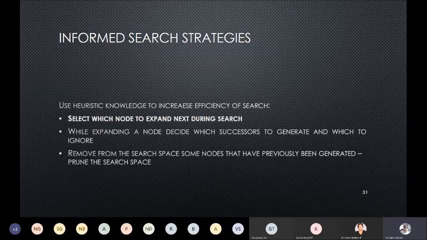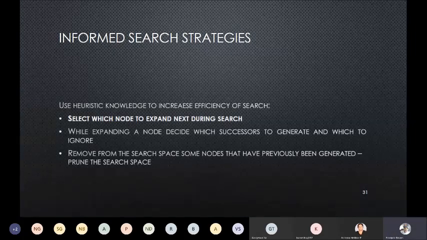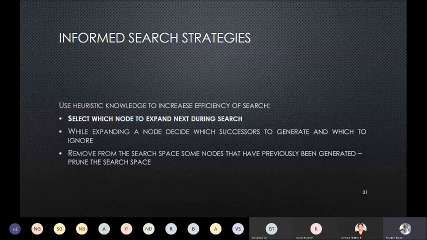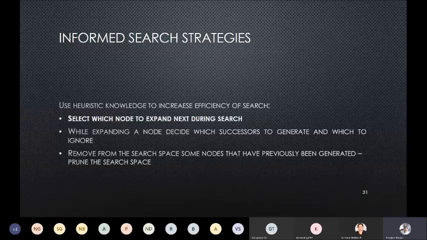That's why we first go to B, then we went to C. We can just do the reverse also, that first we go to C, then to B, from right to left. So there is no specific information to me that from A, should I go first to B or should I go to C? Or from B, should I first go to D or should I go to E?